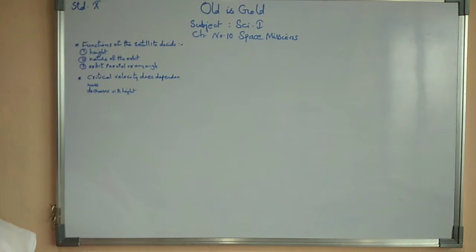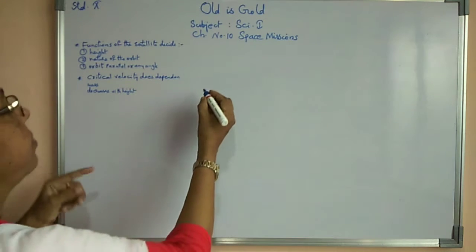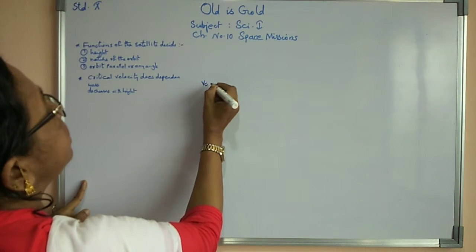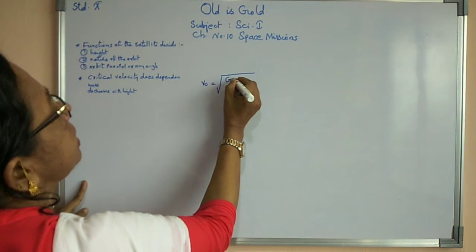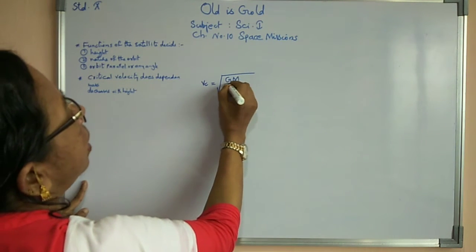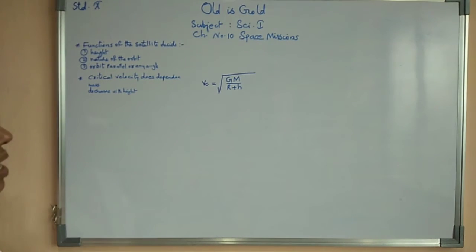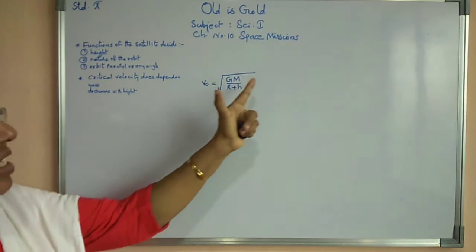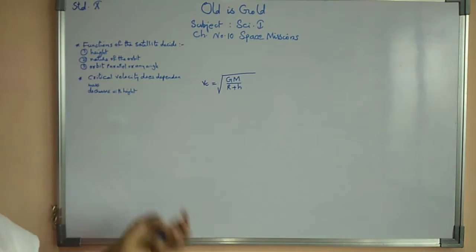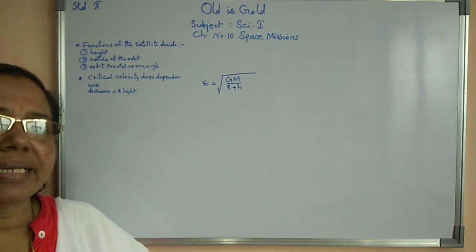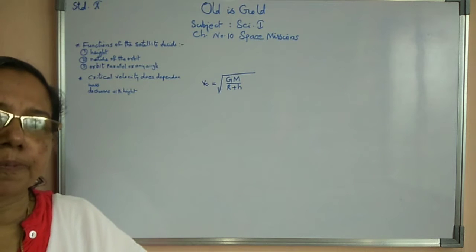Now, the critical velocity formula we have already studied: Vc is equal to the square root of capital G capital M upon capital R plus small h. From this formula we can understand that the critical velocity of the satellite does not depend on the mass of the satellite.